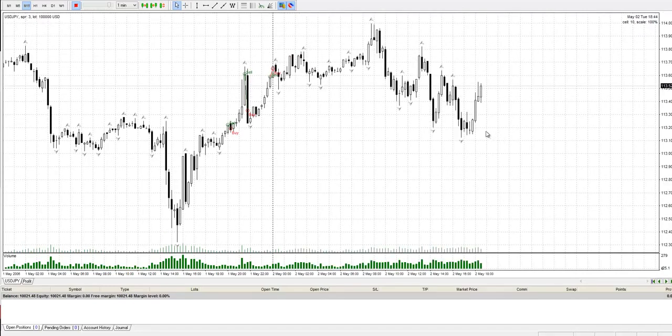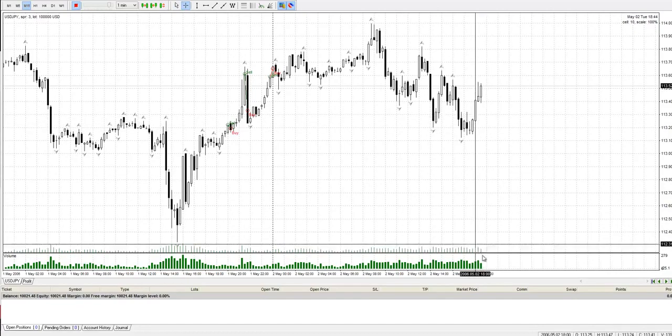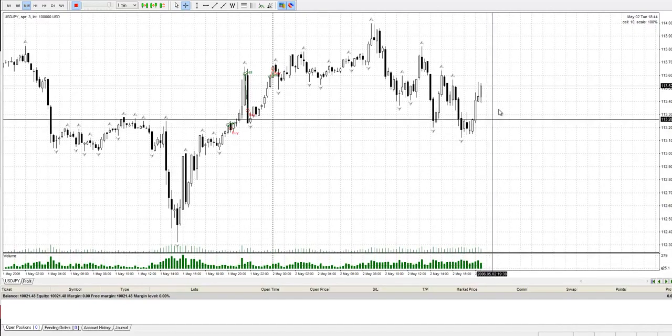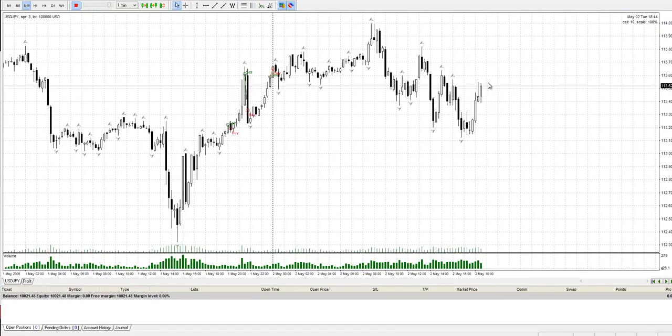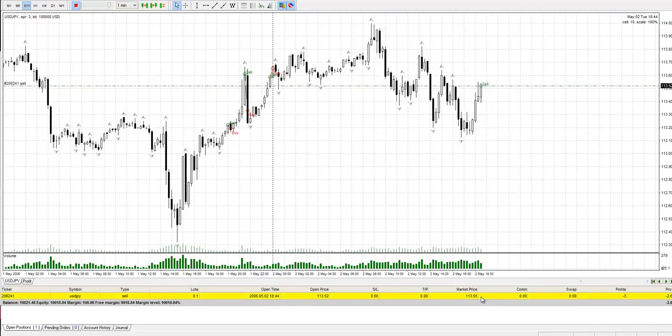Okay, this is another trade. As we can see, this 4th bar has a larger body, but it has smaller volume, so we can sell against this move.